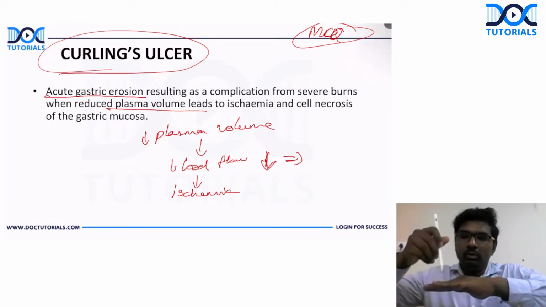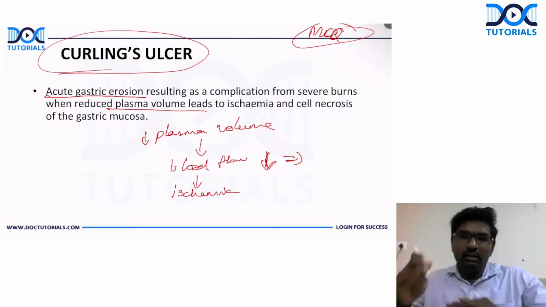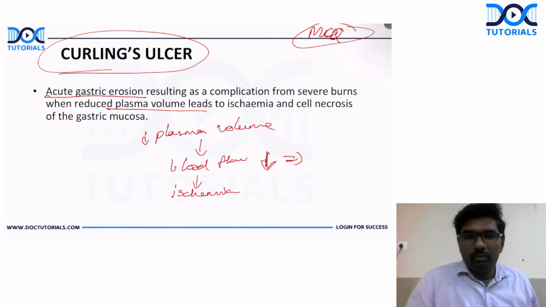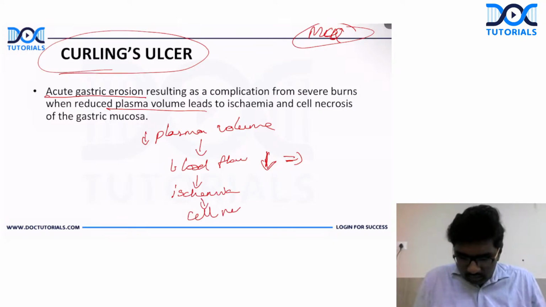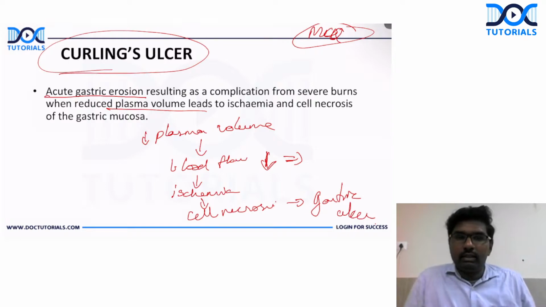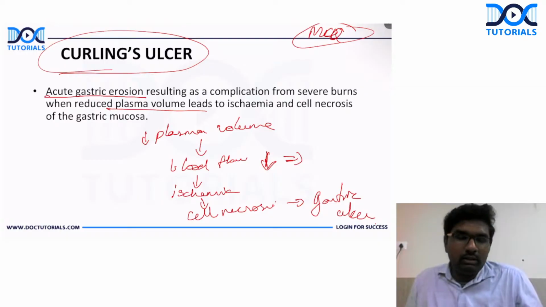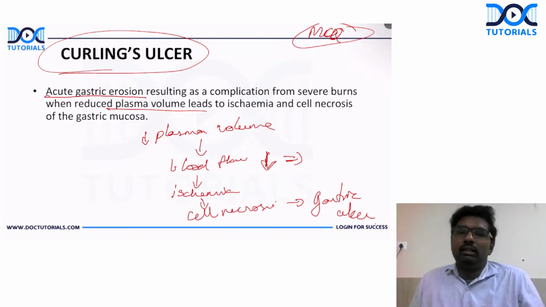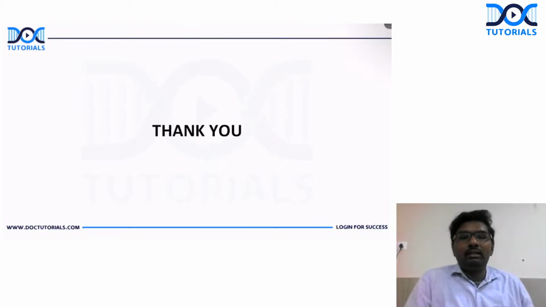When there is hypovolemia, the region below will have less flow because of volume loss and shock. So this can cause ischemia and cell necrosis, resulting in gastric ulcer. So, Curling's ulcer is a complication of severe burns, and it is nothing but a gastric ulcer. This is an important MCQ point, and we are completing the session with Curling's ulcer.